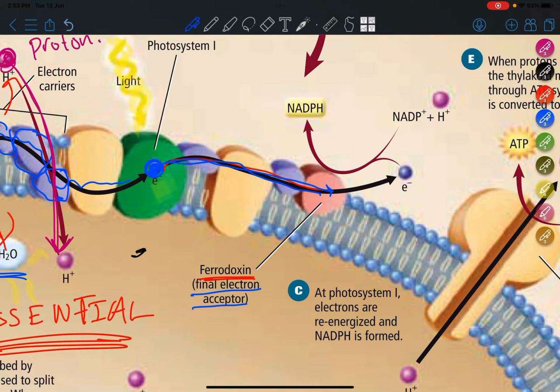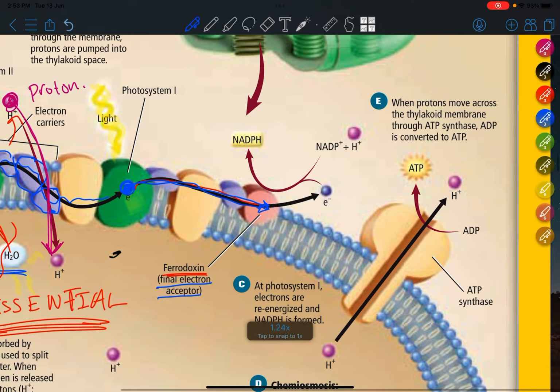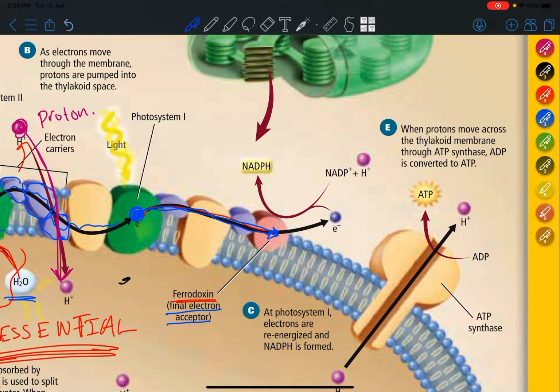Okay, so now that we're at ferredoxin, what ferredoxin will do is transfer the electrons to an electron carrier called NADP+. So at photosystem 1, electrons are rearranged and NADPH is formed.